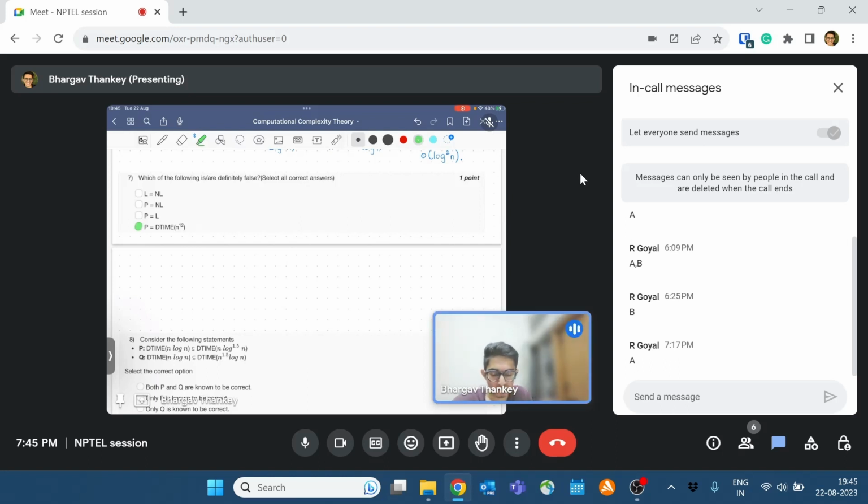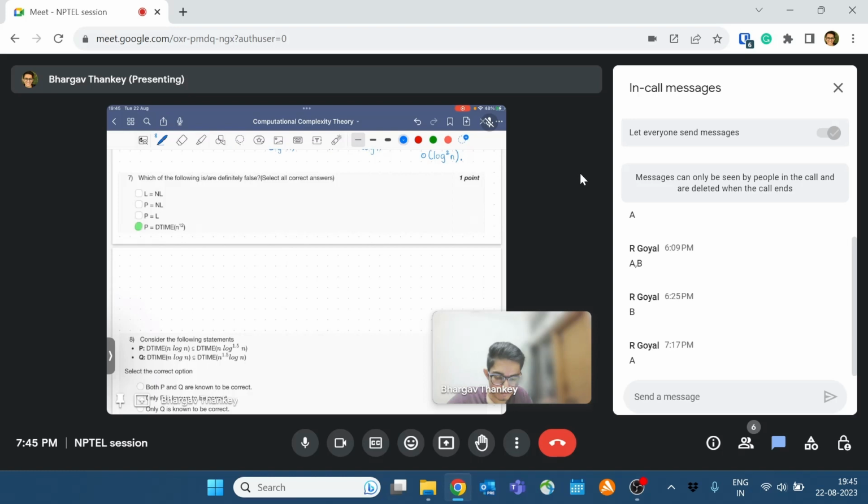But what's an actual proof that this is false? This was a previous year question, or earlier we eliminated the options. Yes. So P is, because this n raised to the power 12 is very much polynomial, and P is equal to D time of this thing.